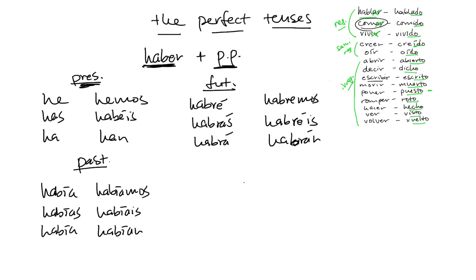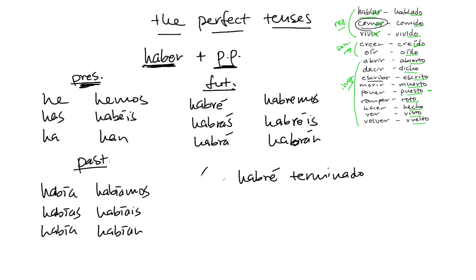For example, I will have, yo habré, what? Let's try terminar. That's a regular AR verb. Past participle becomes terminado. Yo habré terminado. I will have finished. I will have finished by the time the class ends, whatever the case may be. They will have come. They will have sent the message, whatever it might be. So there you have the future perfect.